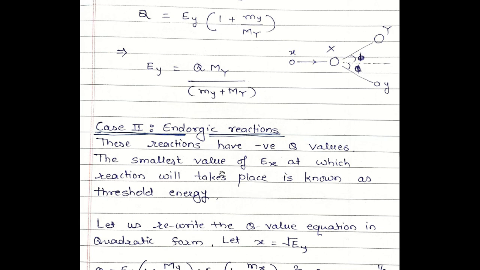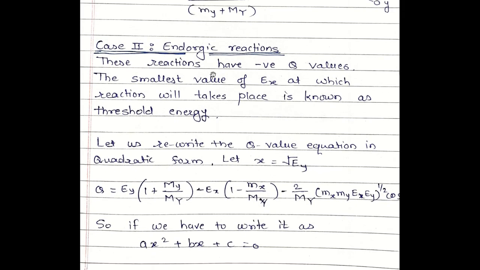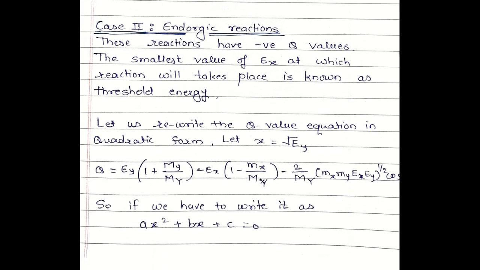So in this case, the Q value of endoergic reaction is negative, and the smallest value of kinetic energy of projectile particle, that is Ex, at which the reaction will take place, is known as the threshold energy, for which we have to obtain the expression by using our previous knowledge about the kinetic energy. Now we have the Q value equation.